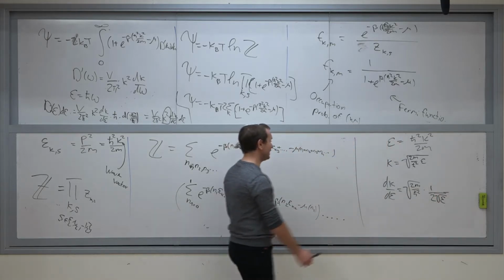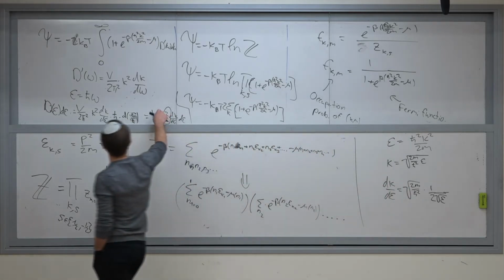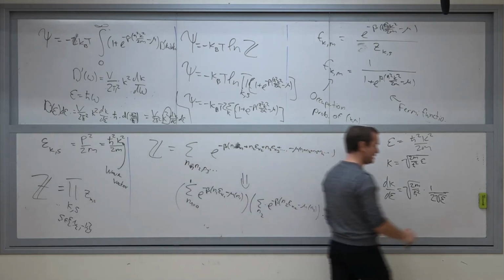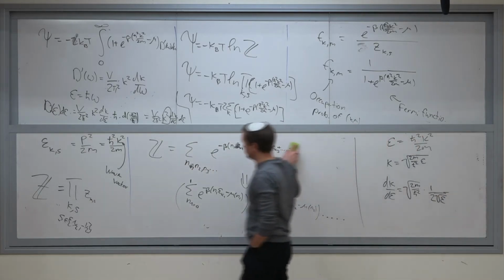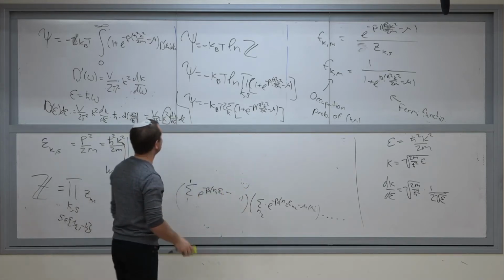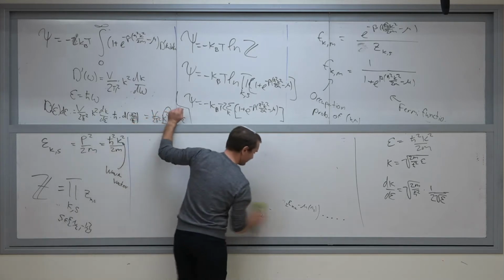We can plug in all of this k and dk d epsilon into this formula over here in order to obtain the grand canonical potential. What is the grand canonical potential? Again, we have this integral between 0 and infinity.